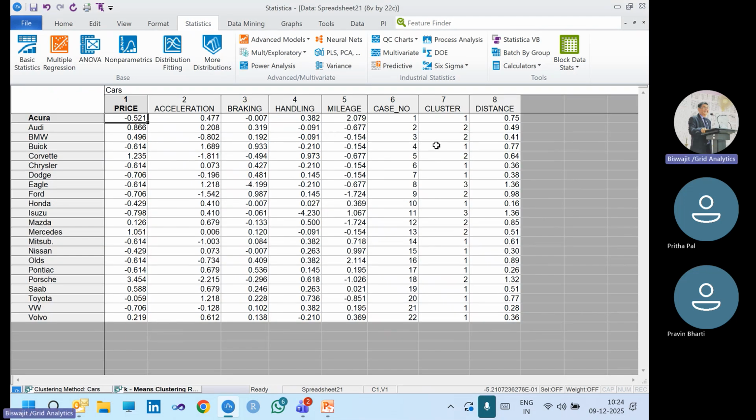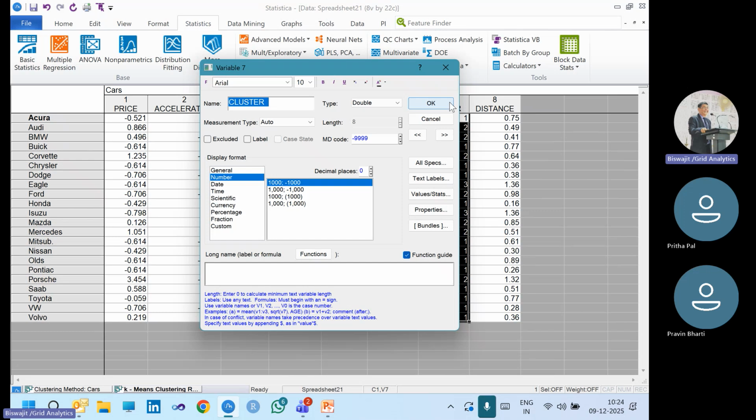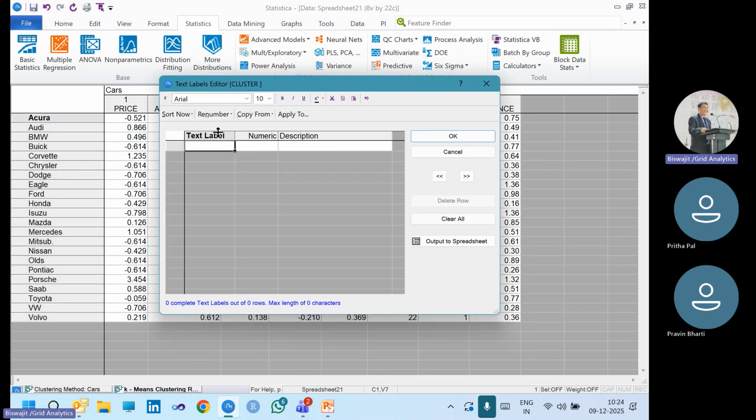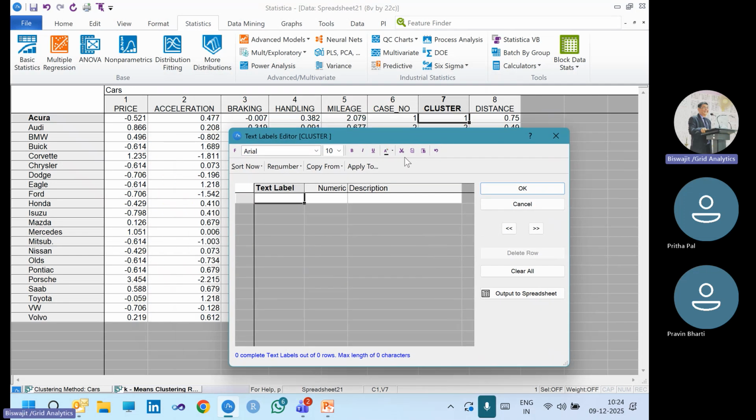So here I can see the cluster has been given for the different cars, right? If I go to variable 7, I get the different cluster. So let me explain what I could understand.